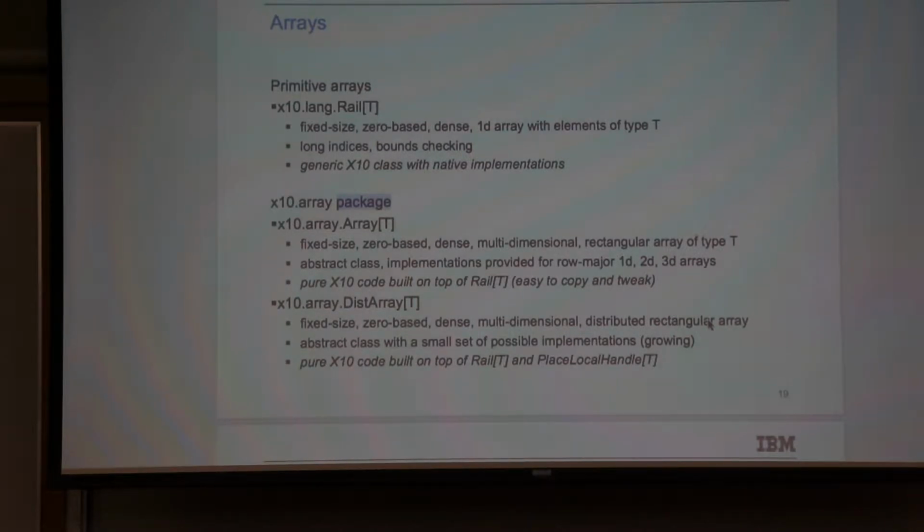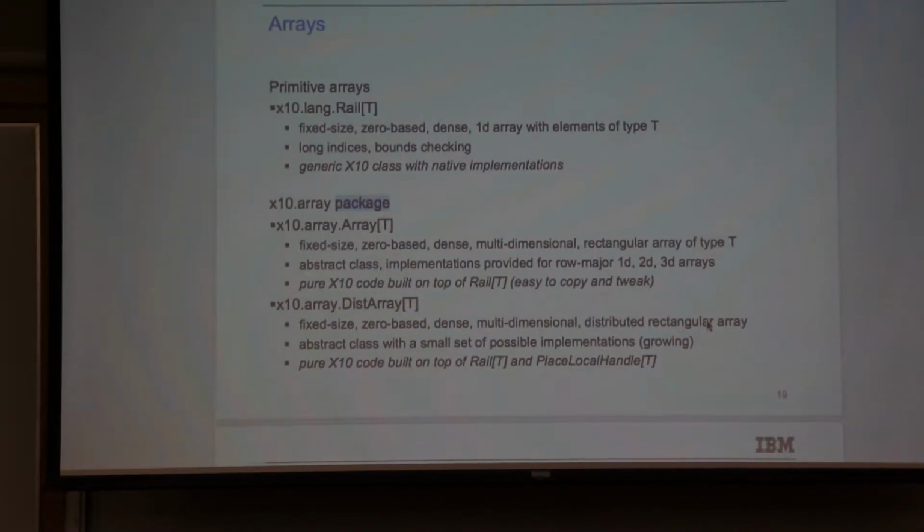So we followed the obvious point of trying to write as much of the runtime and the core libraries in X10 as we could. That forces us to have a really robust basic implementation, and also gives us a check on the expressiveness of the language and so on. The Rail implementation is native. But on top of that, arrays are built on top of Rails, and they are built using plain X10.